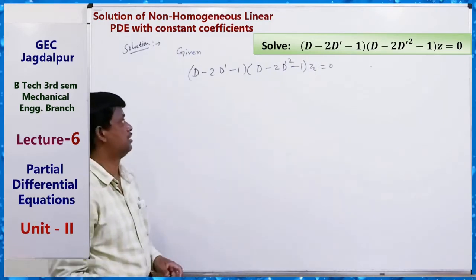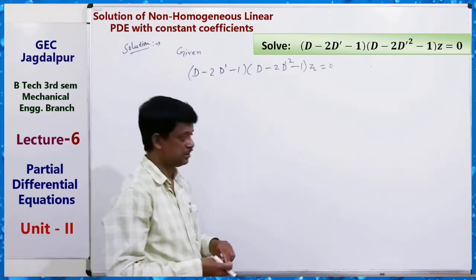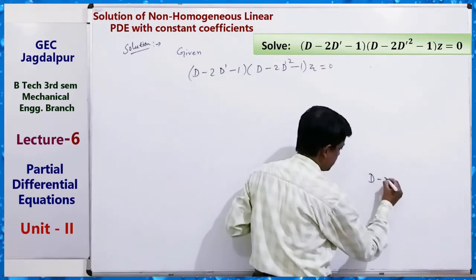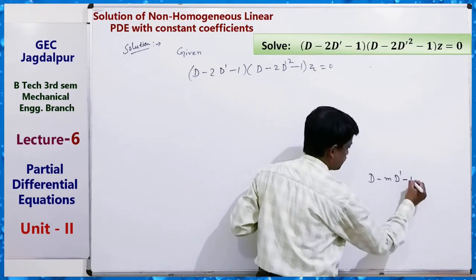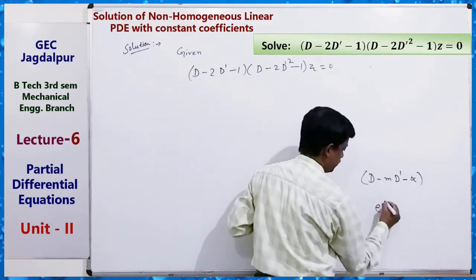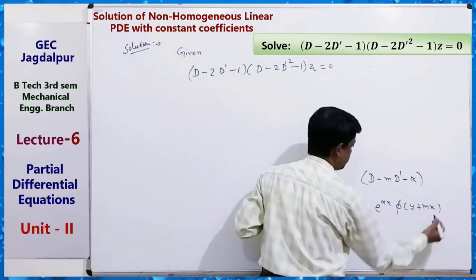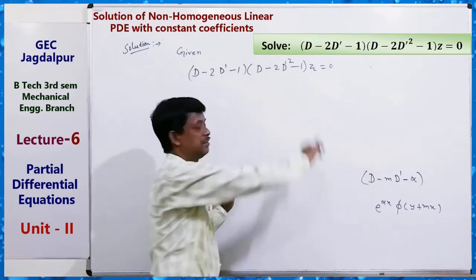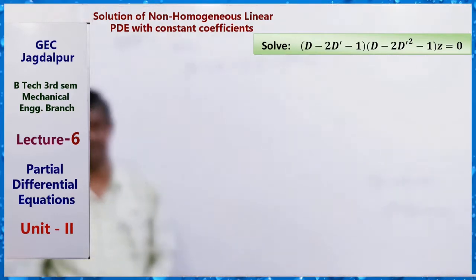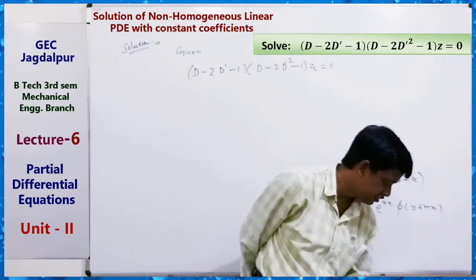So here the factor we see is our general factor, just like this, D minus m D dash minus alpha, so it is e to the power alpha x phi of y plus mx. Okay, but this factor cannot be factorized.